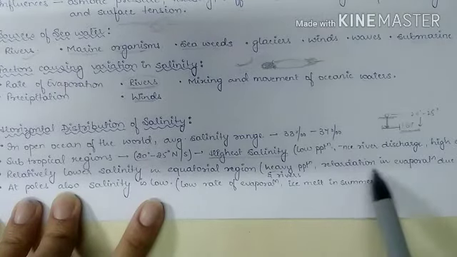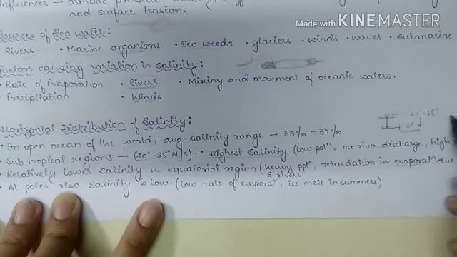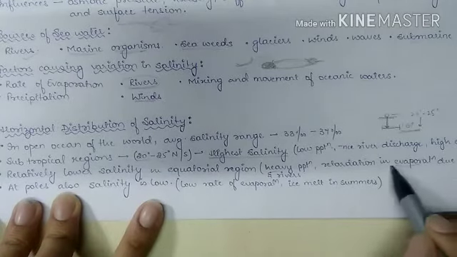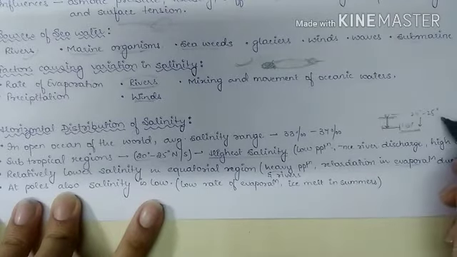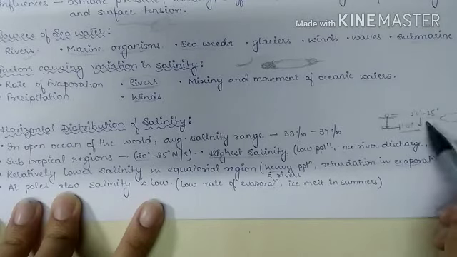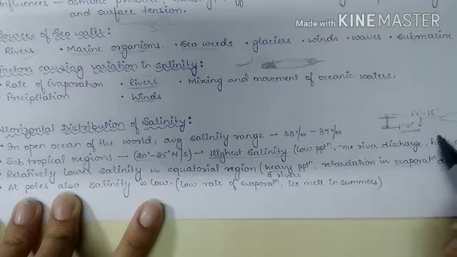Then we have retardation of evaporation. Because of the convectional rainfall that happens in the equatorial region, we have formation of cloud during the afternoon. These clouds block the solar radiation from heating up the water surface so that the water can evaporate.